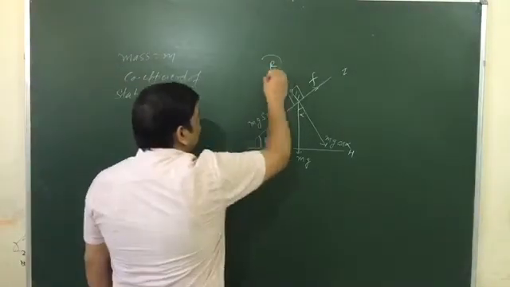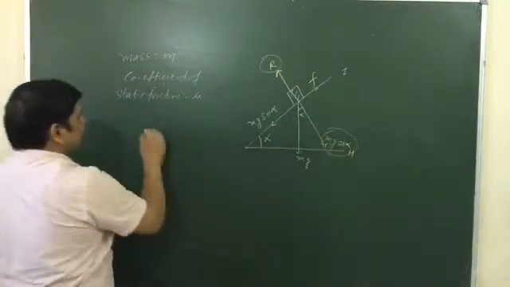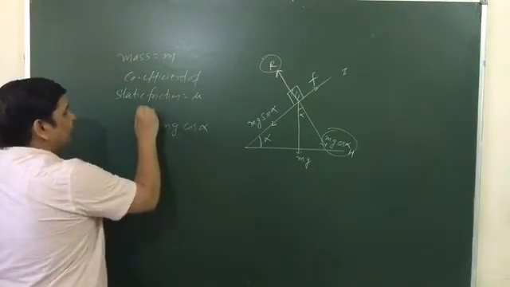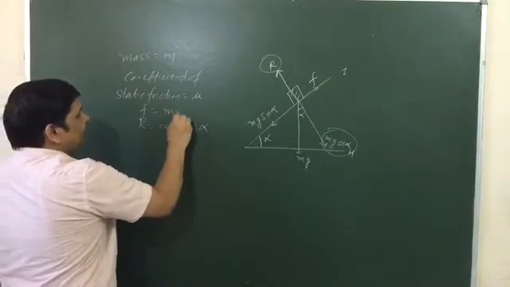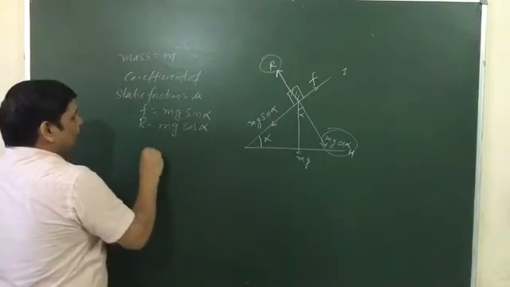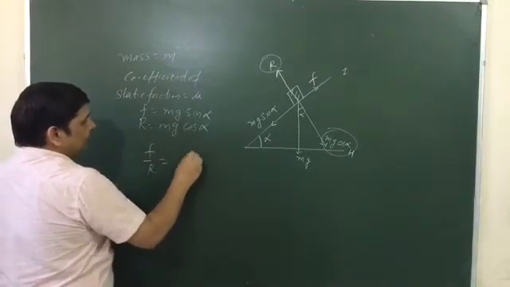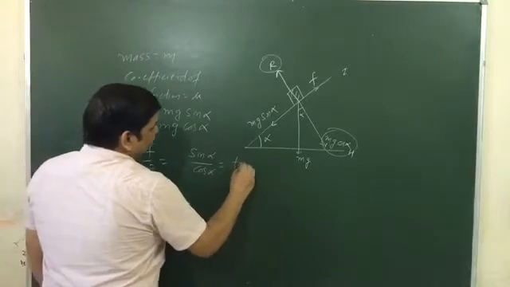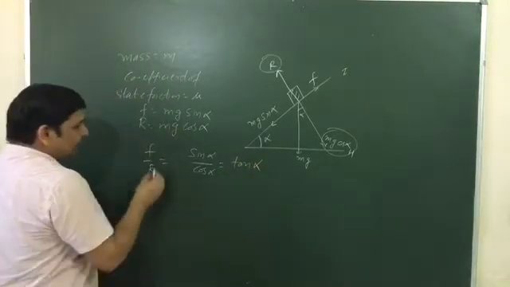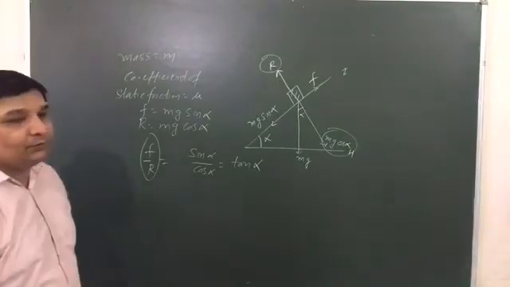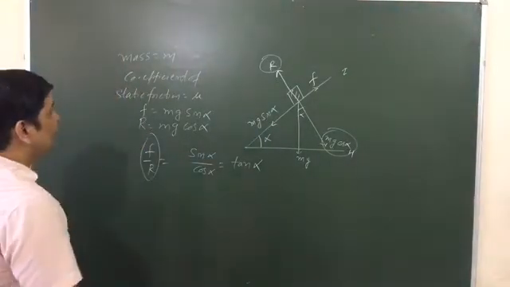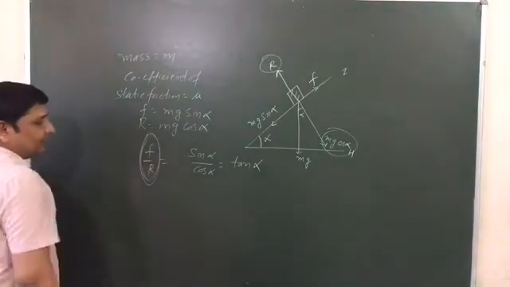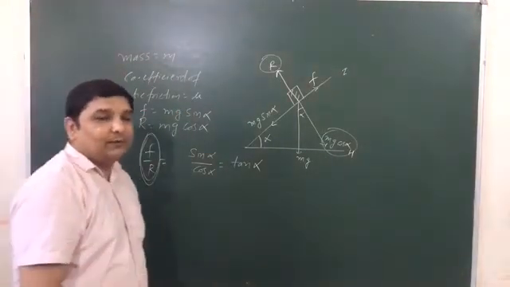In this case, R is balanced by mg cos alpha and frictional force is balanced by mg sin alpha. On dividing both the equations, sin alpha by cos alpha gives tan alpha. We know that the coefficient of static friction mu is given by frictional force upon normal reaction.